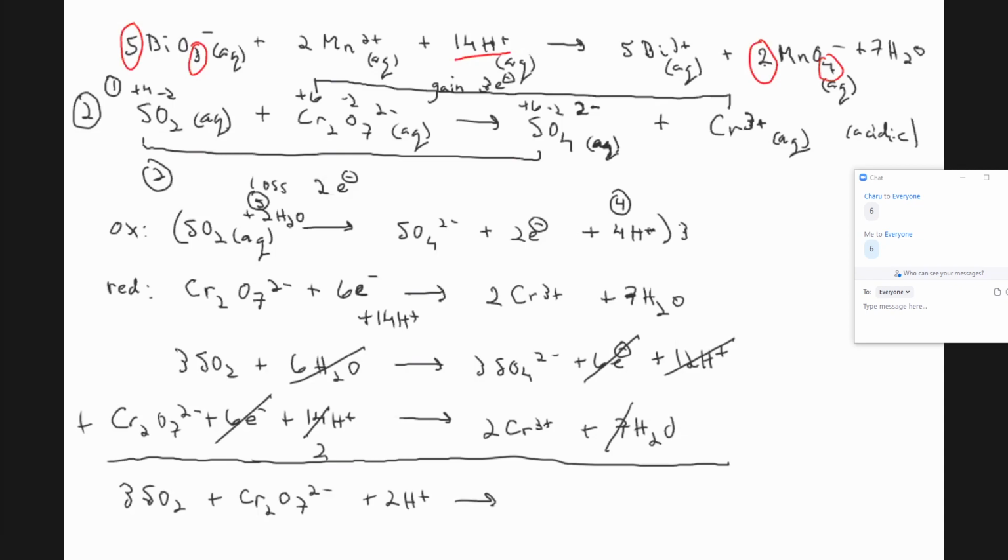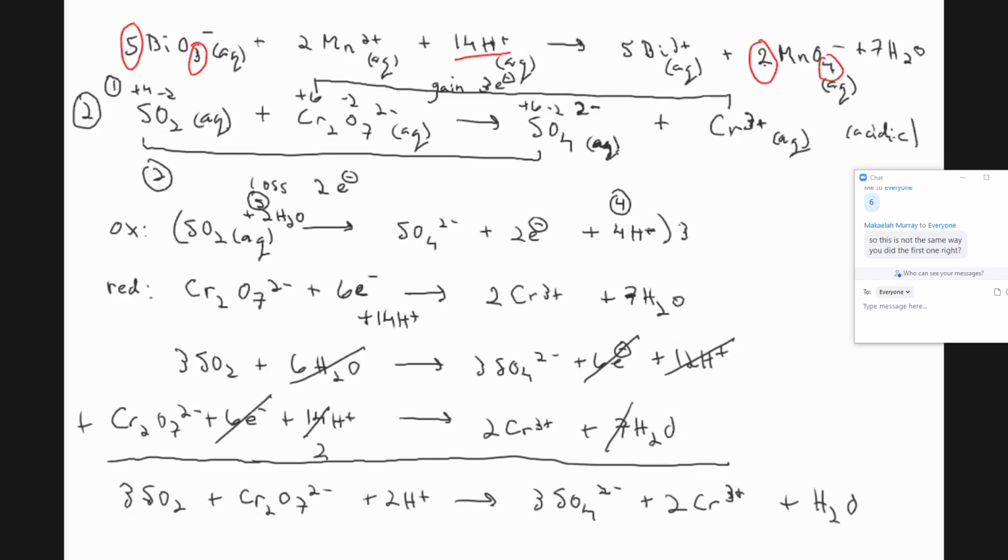Then we're going to be left with 3 sulfates plus 2 chromium 3 plus cation plus 1 water. Now we have a balanced reaction. Left side, all the atoms are balanced, charges are balanced.